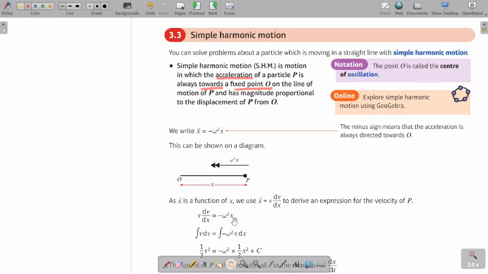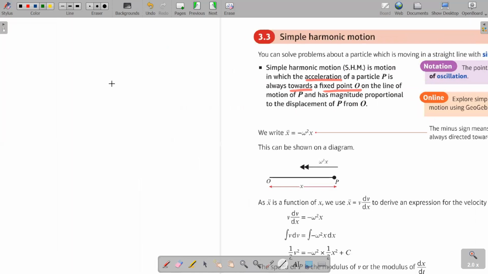It's not related to this over here, but it gives you an idea of what SHM is, because we are going to be discussing SHM in elastic strings and springs.